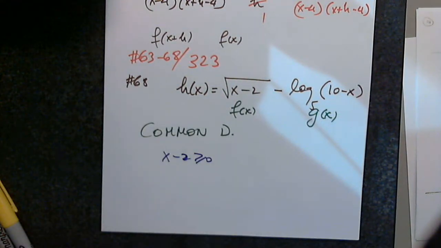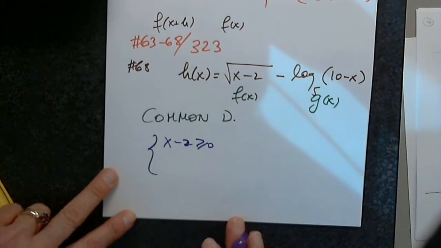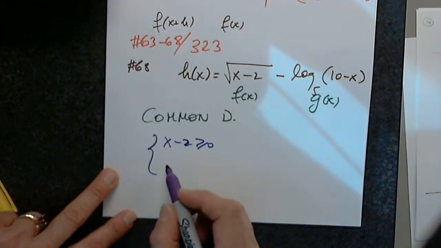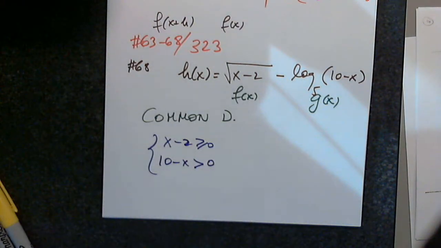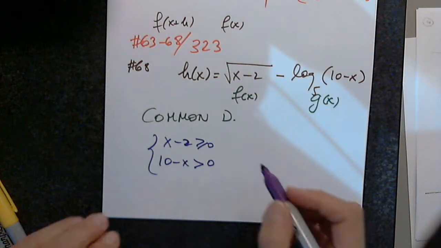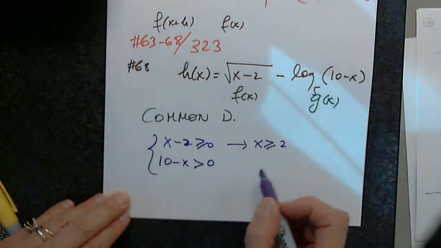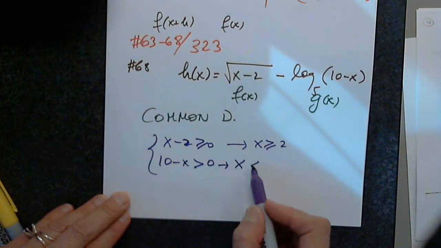Greater than 0. Exactly, because it's in the denominator. And what about the other one? 10 minus x has to be strictly greater than 0, because log cannot be applied to 0 or negative numbers. Good, perfect. So the first one is x greater or equal to 2, and the other one is x less than 10.